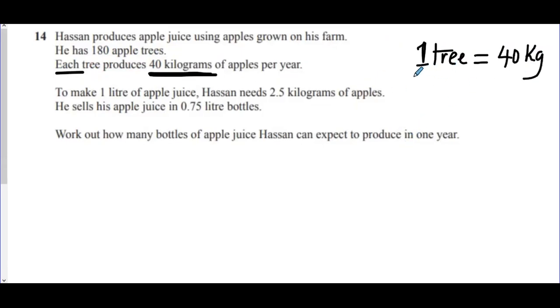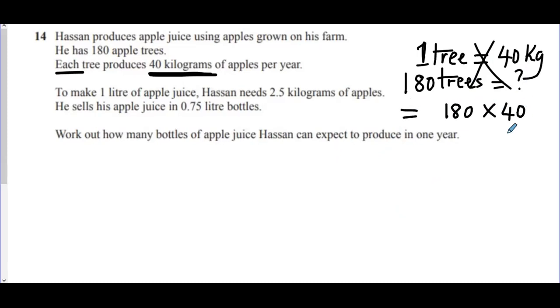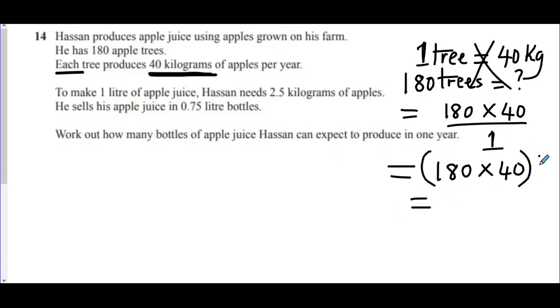Now, how about 180 trees? How many kilograms will they produce? So we go ahead with cross multiplication, and you end up getting 180 times 40, and then the answer you get is divided by 1. So this will be equal to 180 times 40, and the answer will be in kilograms.